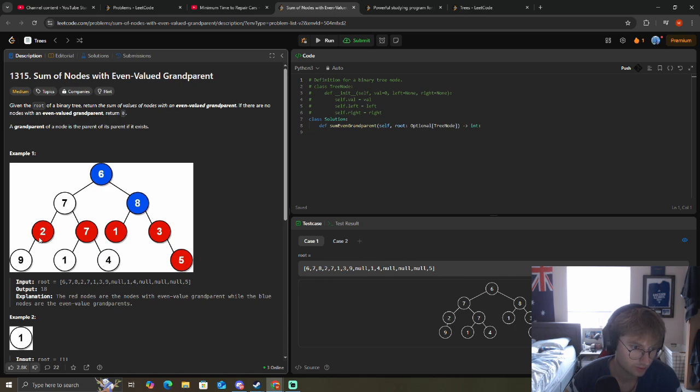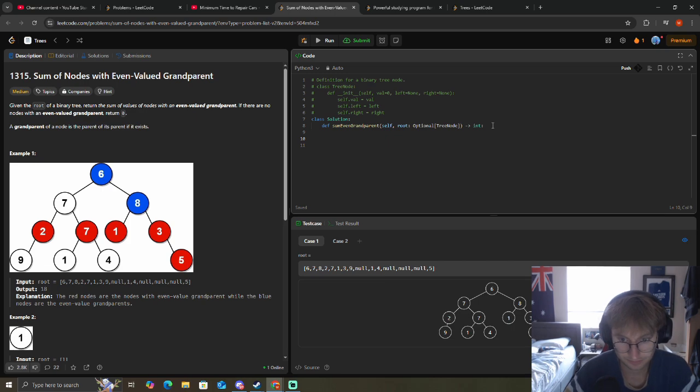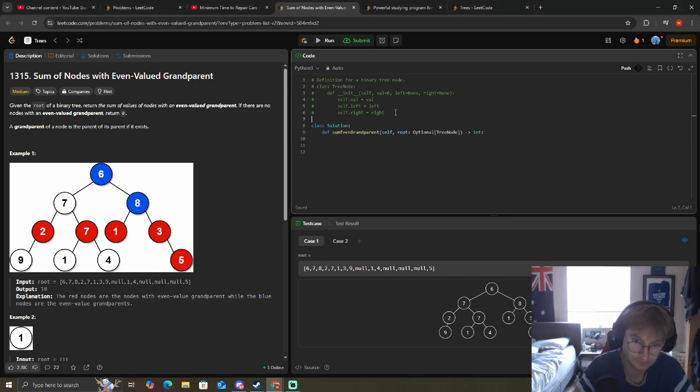Add its children, and make the grandparent equal to that, and the parent equal to that. Do its children. And just keep adding the grandparent, I think.